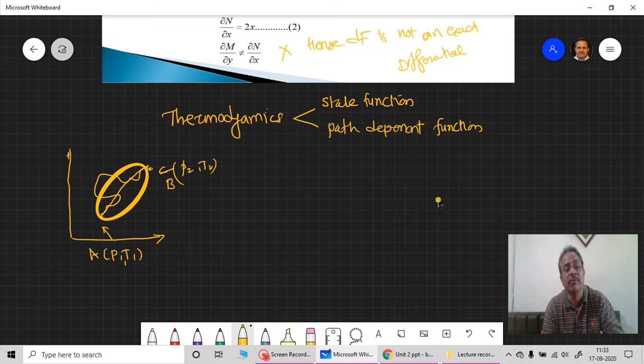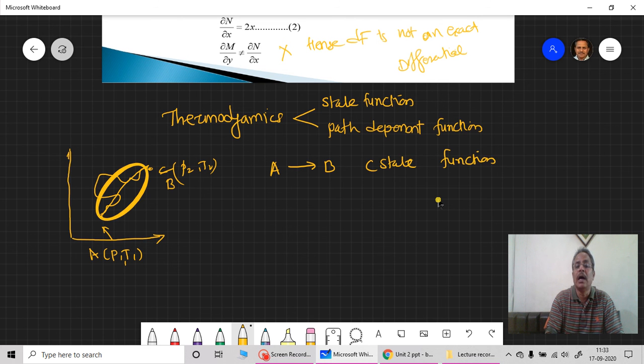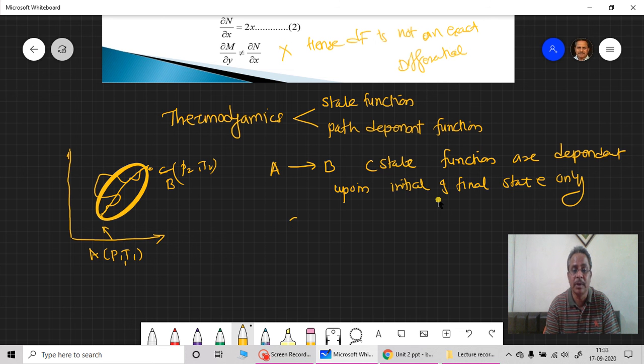So there can be several ways for going from state 1 to state 2, or state A to state B. Now state functions, going from A to B, are dependent upon the initial and final state only.